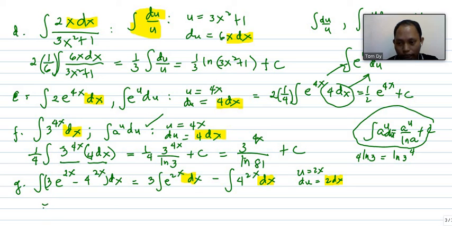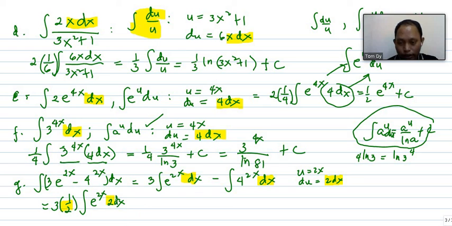Then our final answer will be 3. Of course, this is 2x. Our u equals 2x. Then we have here 2 dx. So the reciprocal of 2 is 1/2. Integral of e to the 2x, 2 dx. Take note of number 2. Its reciprocal is 1/2.